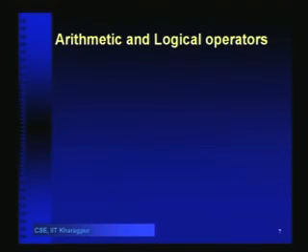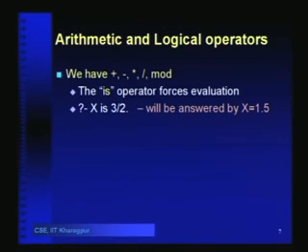Okay, Prolog has some arithmetic and logical operators. So we have plus, minus, star, division, mod, and the is operator forces evaluation. So if we write x is 3/2, that will be answered by x equal to 1.5, because what it is going to do is evaluate 3/2 and produce x equal to 1.5.